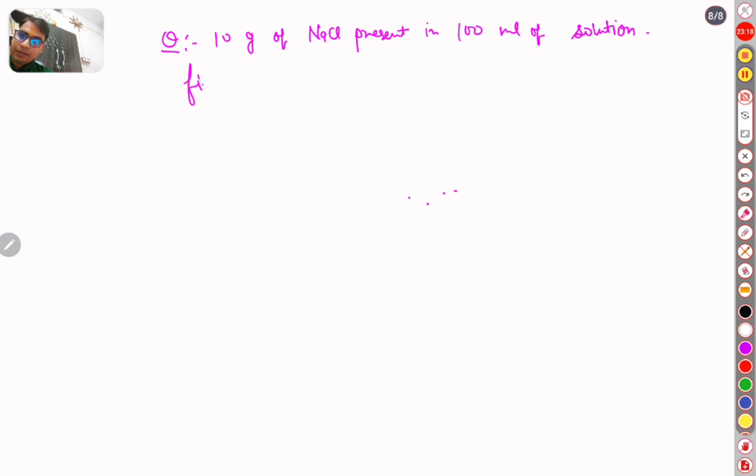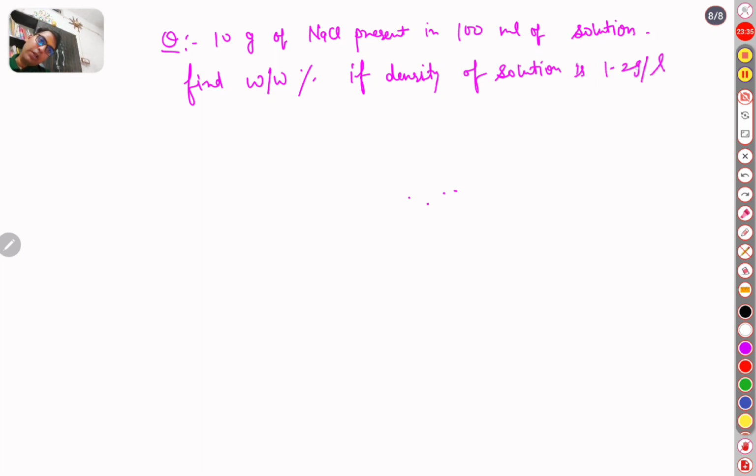Find weight by weight percentage if density of solution is 1.2 gram per liter. Please solve this question. It is a very easy question. Can you solve this or not?